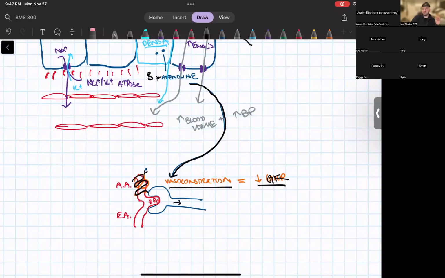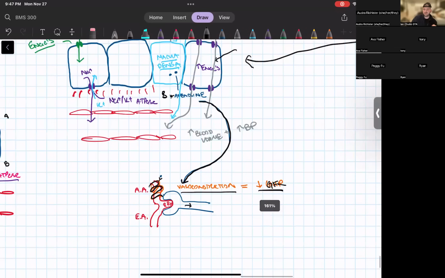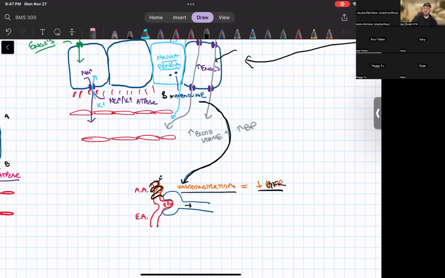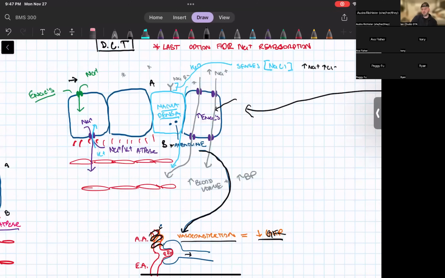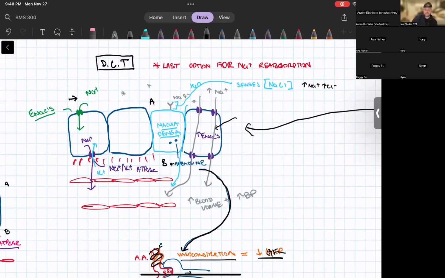If we're slowing down the filtrate rate through the nephron, then we can increase the amount of sodium that we're pulling in. So by the time we get to the DCT, we can be like, all right, we've pulled enough sodium and we can let some of it go. Our body doesn't need any more, but we have a good GFR. So that's one way the DCT really works to help regulate certain things.